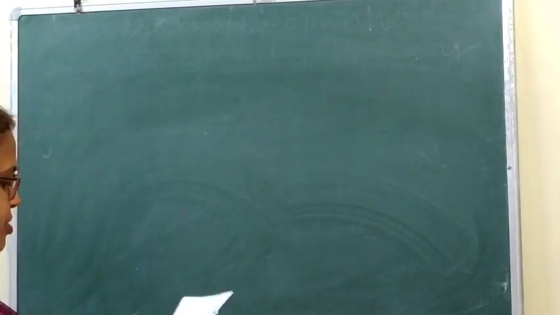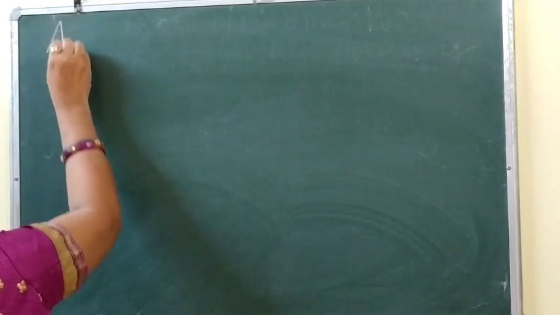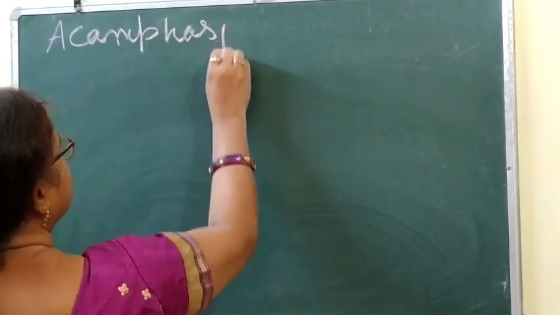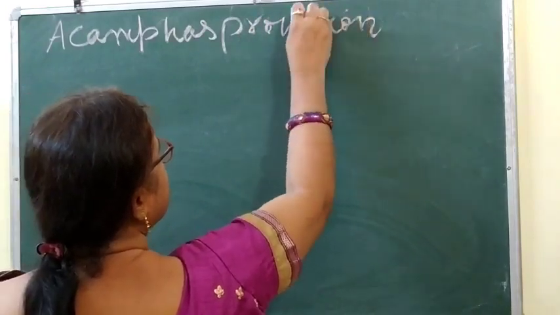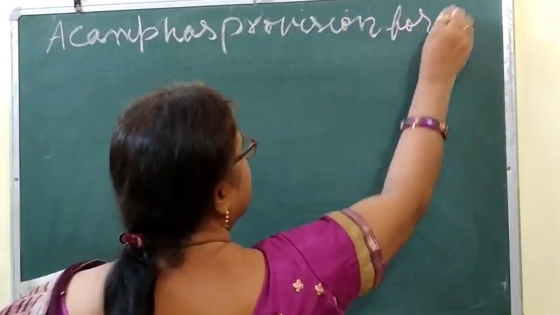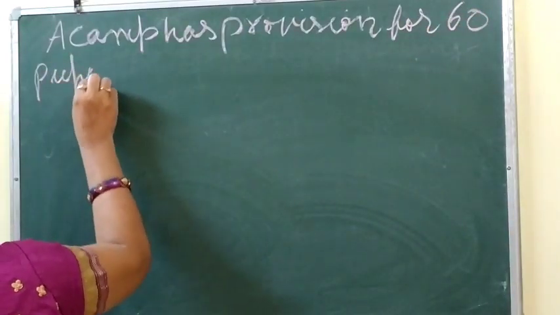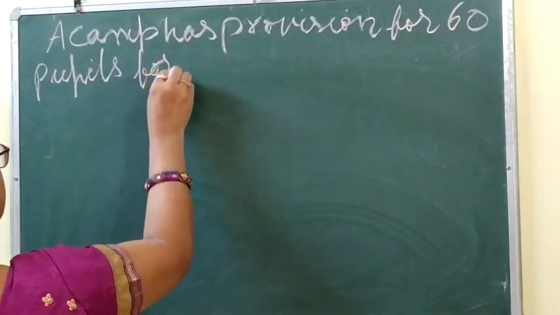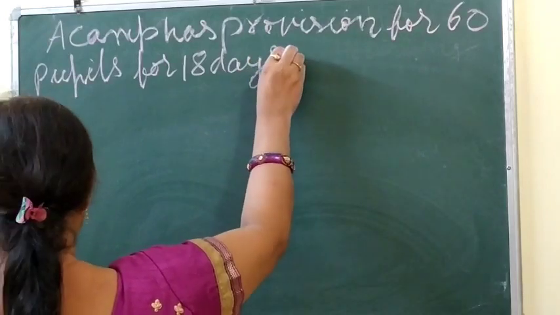A camp has provision for 60 pupils. For how many days? For 18 days. Clear?